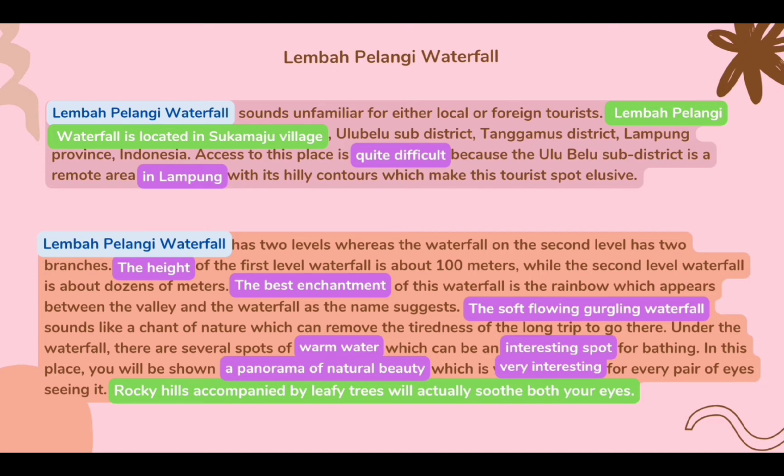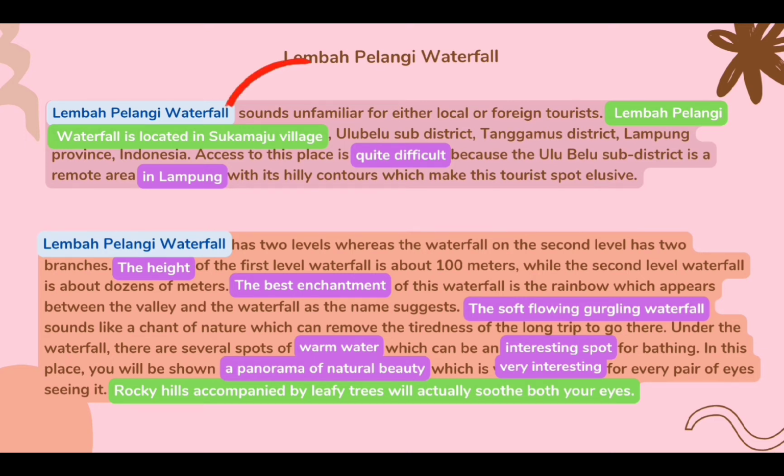Next, we can see that the pattern used in the text is simple present tense. Simple present tense is used to tell the fact about the place being described. For example, the sentence in the first paragraph: Lembah Pelangi waterfall sounds unfamiliar for either local or foreign tourists.